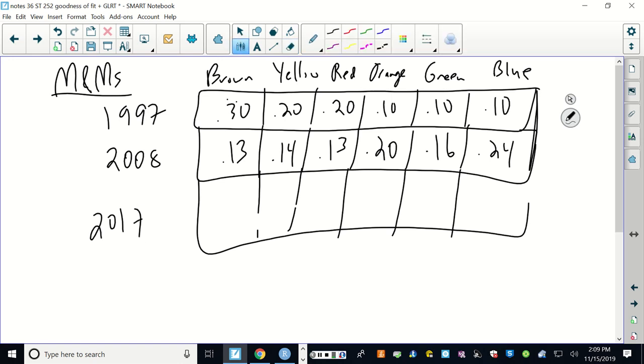In 2017, in a factory in New Jersey, they made them 12.5% each, with 25% orange and 25% blue.